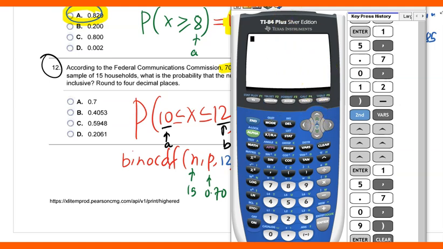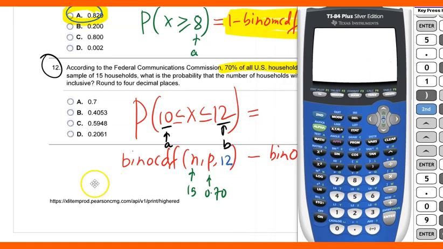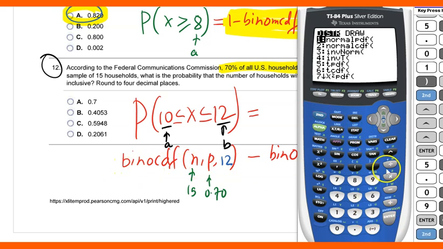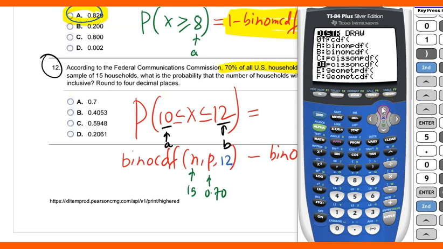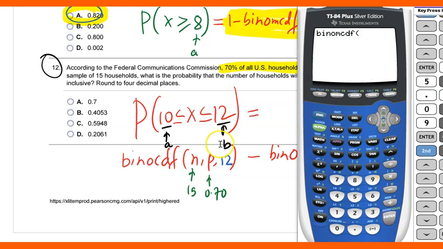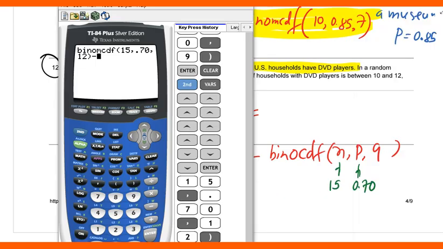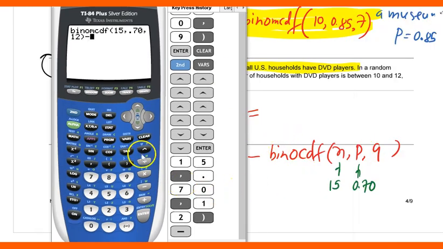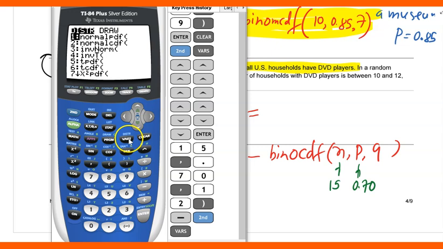Okay, let's start with this binomial CDF, second VARS, binomial CDF is here. You have n 15, comma, 0.70, comma, 12, parenthesis, minus binomial CDF again. Now let's type this one, minus second VARS.